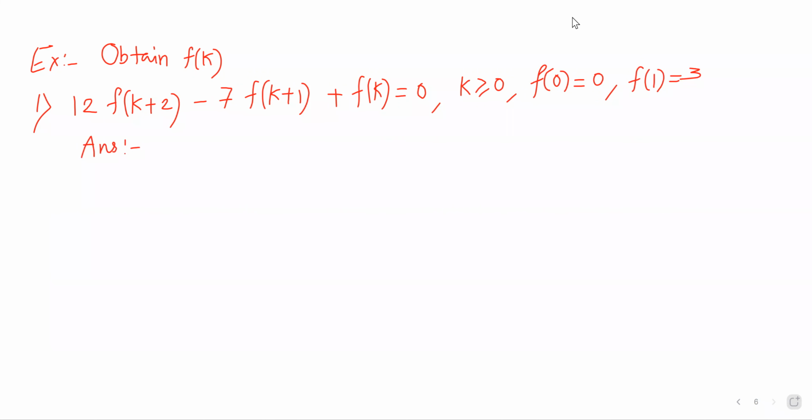The answer is 36 times 1 by 3 raised to k minus 1 by 4 raised to k for k positive.